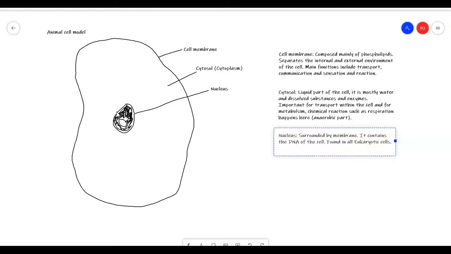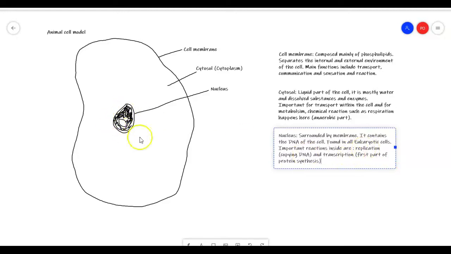Inside the nucleus we have important reactions: replication and transcription. Replication is for copying DNA, and transcription is the first part of producing proteins. These we're going to learn way more about later as well.